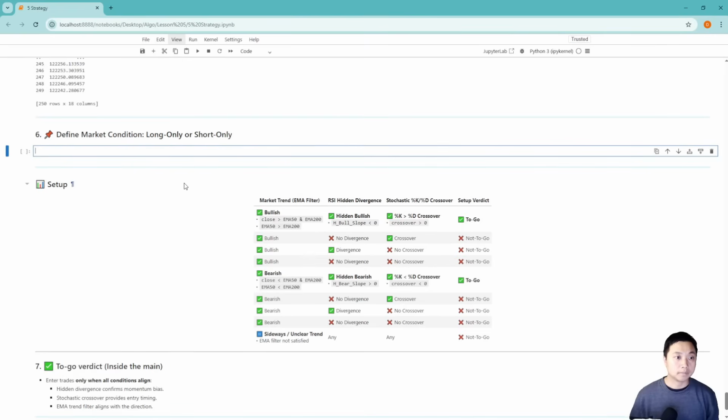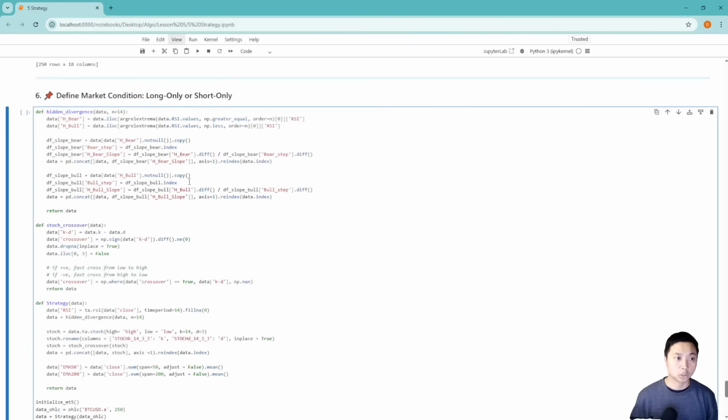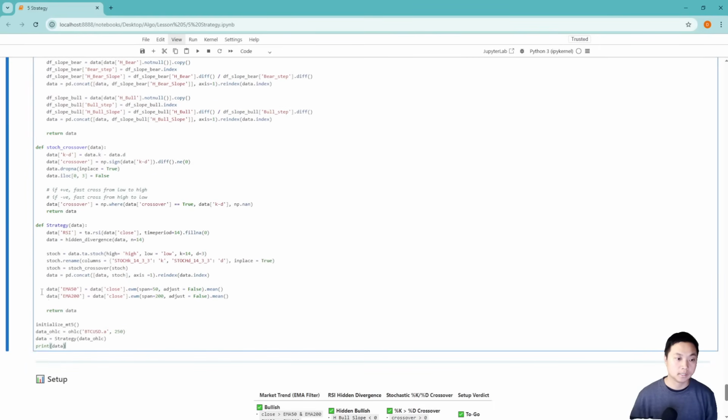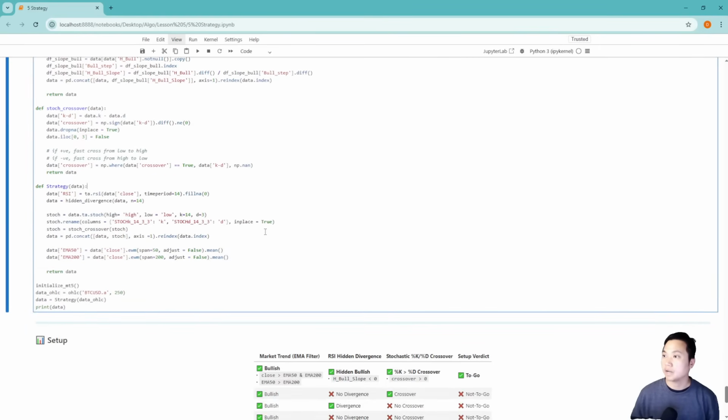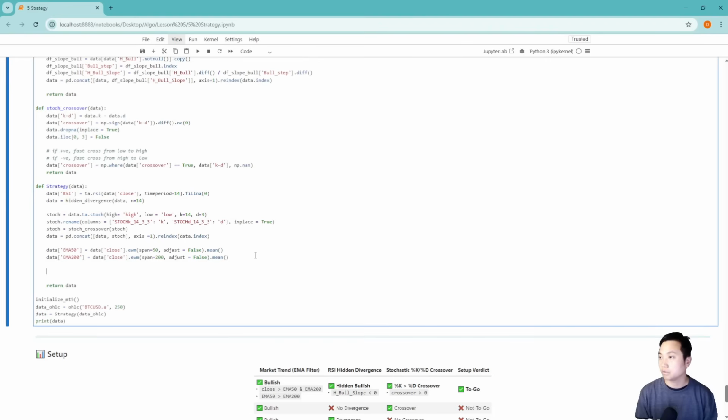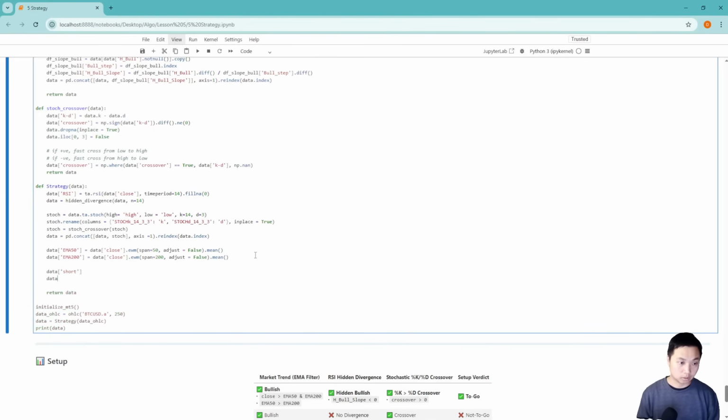And then for the final step, we are going to define the market conditions. We are going to use those EMAs that we just calculated to define our market conditions, the long only and the short only. So right after the EMA 50 and EMA 200 lines, we add two more lines: the logic for the short market condition and the logic for the long condition.